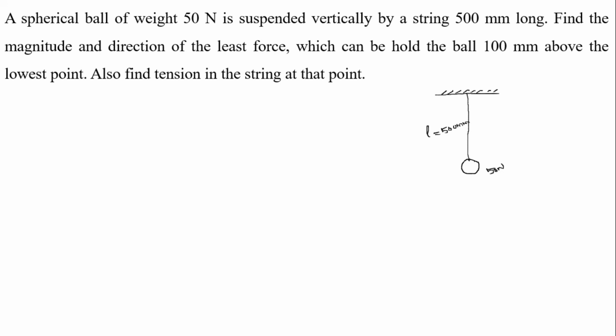Find the magnitude and direction of the least force which can hold the ball 100 mm above. So, this is 0 and from this it is 100 mm. This is the ball and this is the string. Now, find the tension in the string at that point.